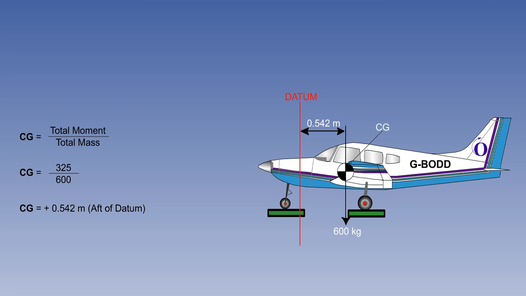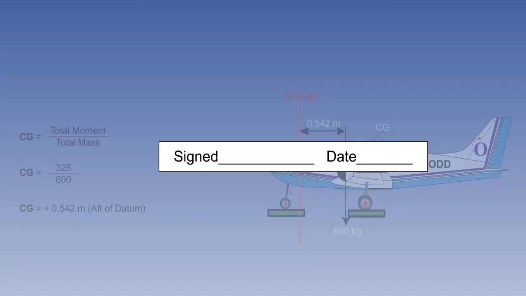By dividing them, we establish that the center of gravity is plus 0.542 meters aft of datum. The person responsible for completing the weighing schedule must sign and date it, and the schedule is then retained in the aeroplane technical log until the next weighing.